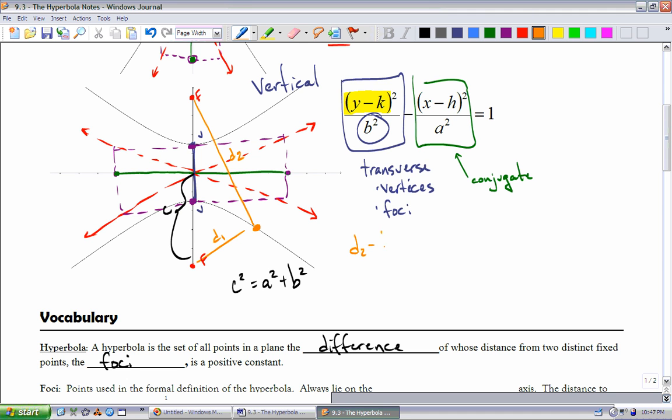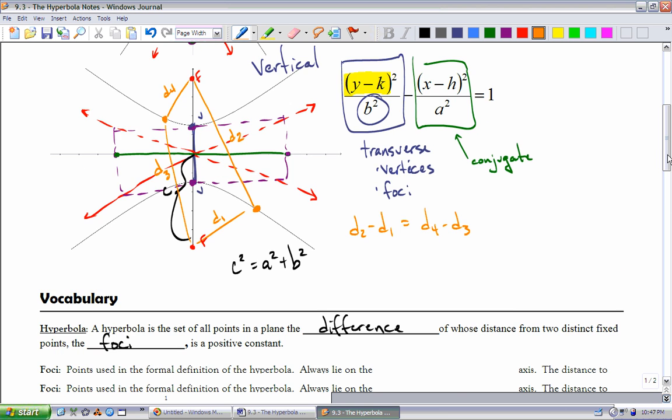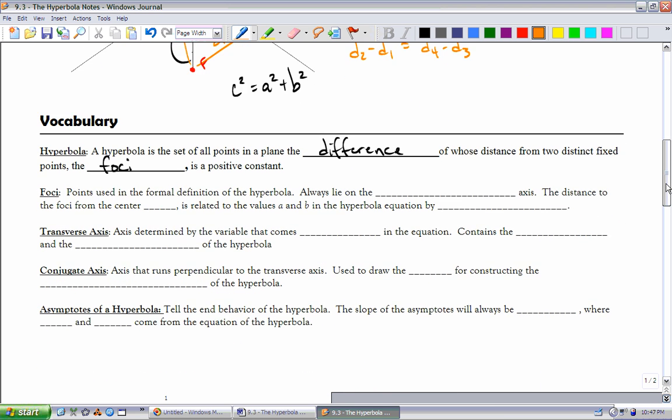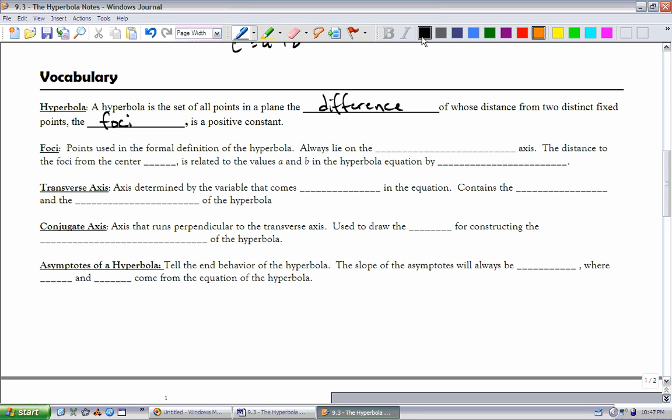If I take distance 2 minus distance 1, it would equal anything else that I pick, the difference from that point to the foci. So if I called this distance 3 and this distance 4, well, distance 2 minus distance 1 would actually equal distance 4 minus distance 3. If I pick any point and I find the positive difference in those distances, it'll be constant. It'll equal all the same thing. That's the importance of the foci. Just felt like we needed to say that.